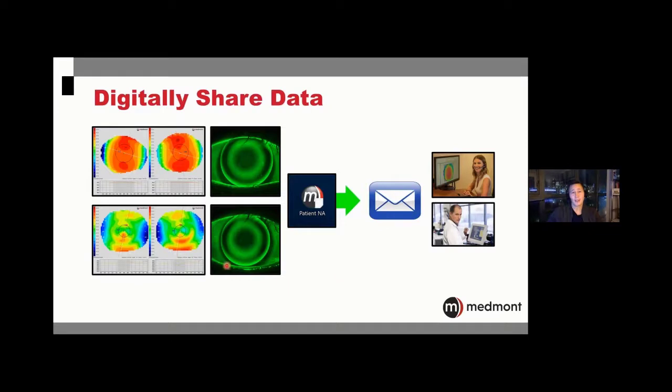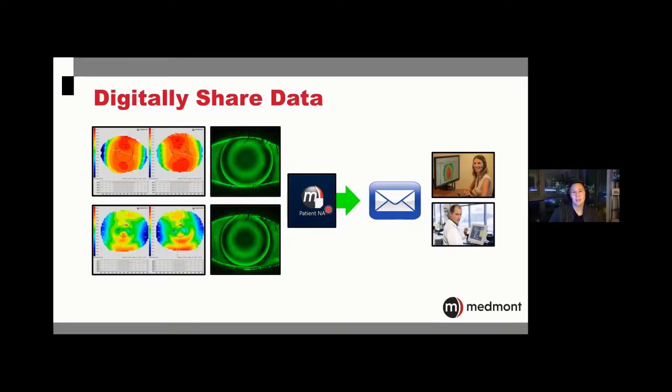You can highlight all of that imagery you took. In this case, I have my baseline topography, my post-treatment topography, my fluorescein images and video. I just highlight them all and click export. And that creates this little file that encapsulates all of that information, all of that digital data.